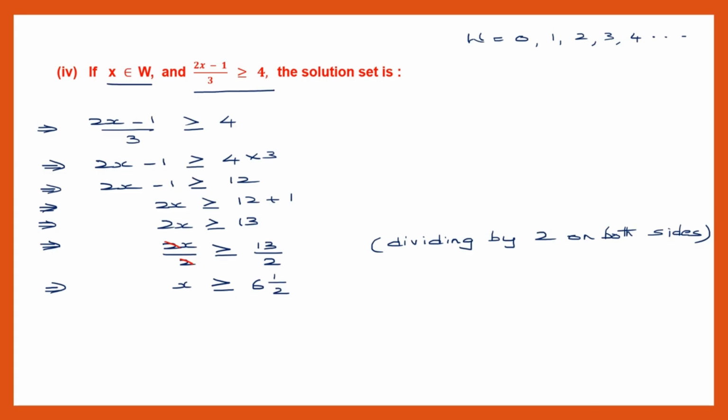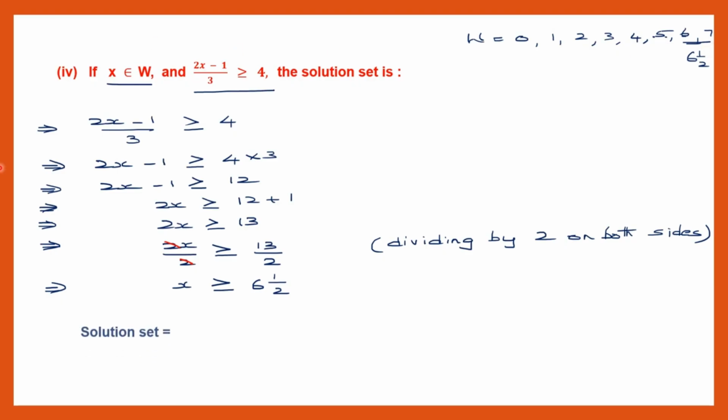Some of those. Now, if we continue to write, I'll have 5, then I'll have 6, I'll have 7. Now, between 6 and 7, I will have 6, 1 by 2. So if my answer has to have elements greater than 6, 1 by 2, I cannot include 6. I have to include numbers after 6, that is 7 onwards.